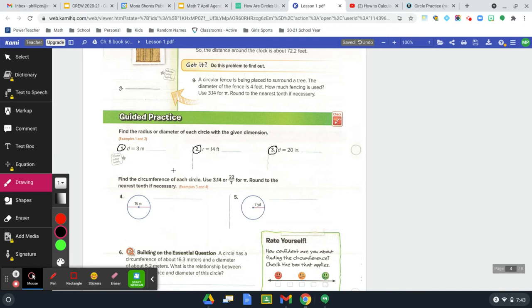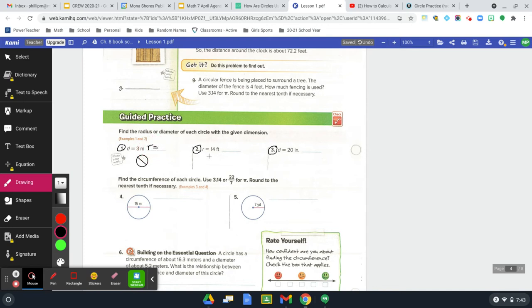Now, you don't have to draw a circle like I did on my examples. I just wanted to give you a visual. If you need that visual, then draw yourself a circle. And in number 1, if you're given the diameter, go ahead and draw the diameter in. It's not a must. And then find that radius.